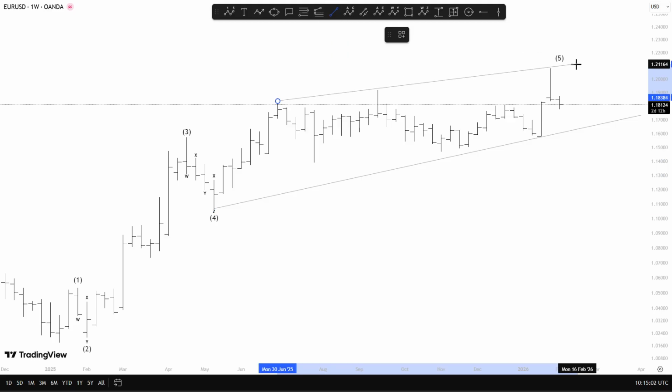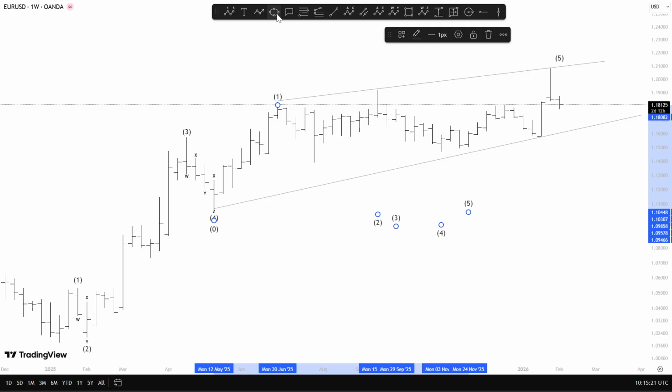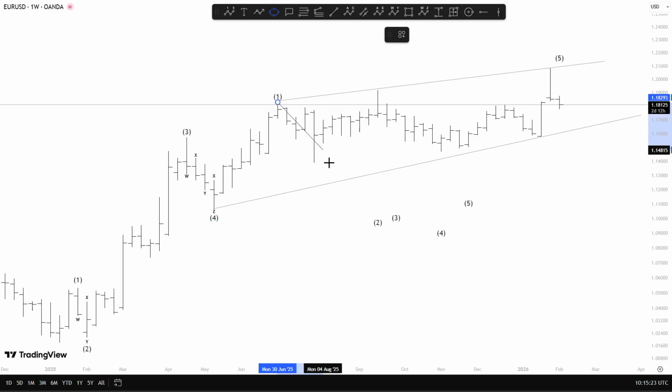And the label is also in a 5-wave structure, which is 1, this is a clean and clear corrective structure.